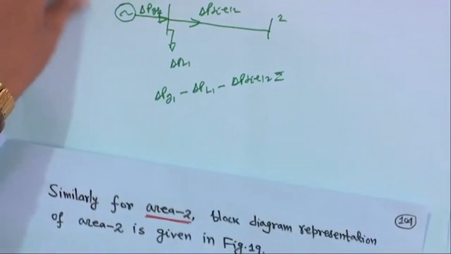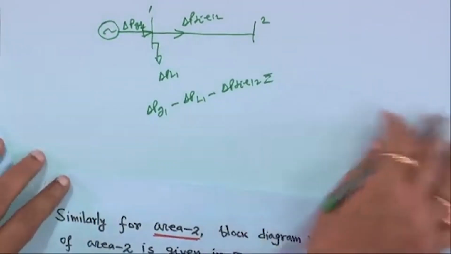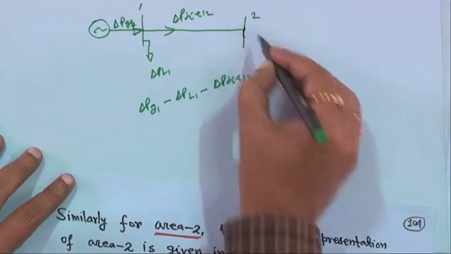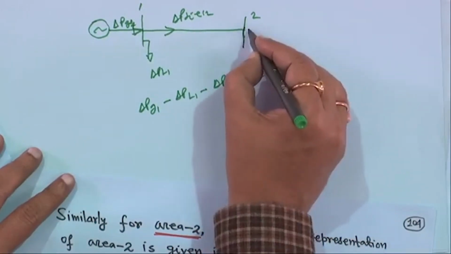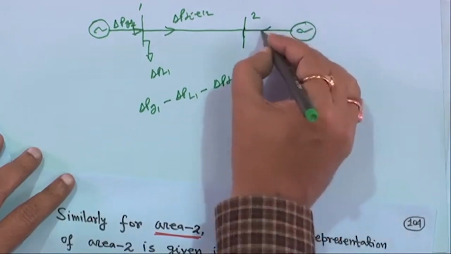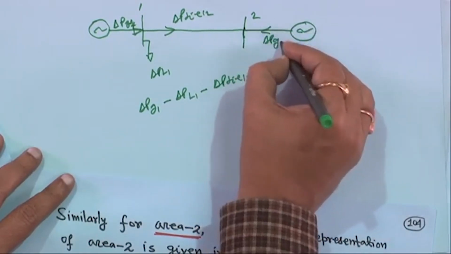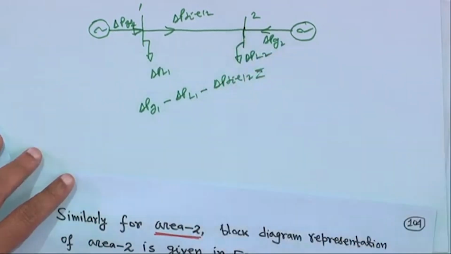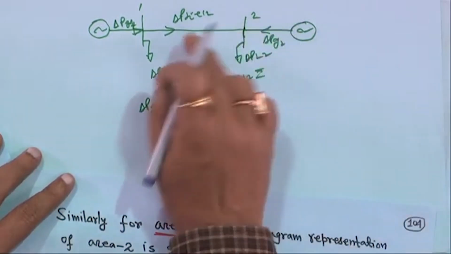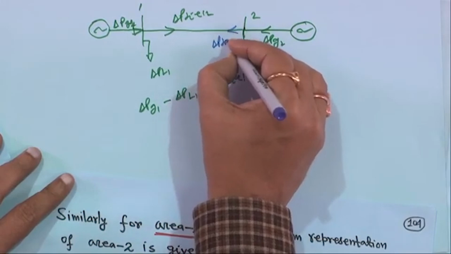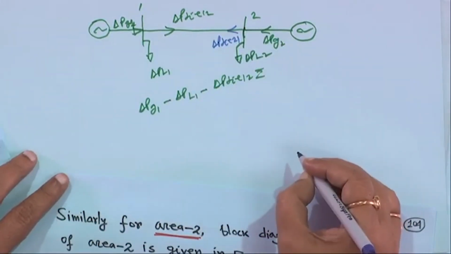So if you consider area 2, I am simply drawing it here. If this is your generator in area 2, the power change is delta Pg2 and this is delta PL2, and this side is delta P ti 1 2 and in this direction it is delta P ti 2 1. Loss is neglected.